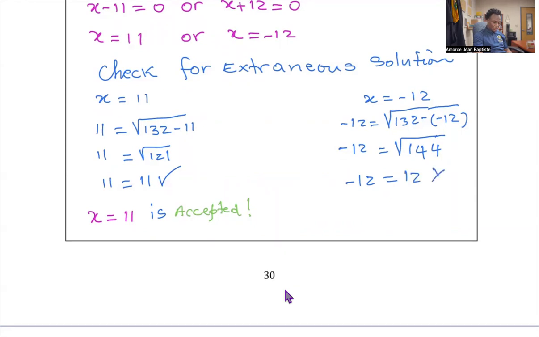Negative 12 is not positive 12, so x equals negative 12 is rejected because this value did not verify the solution.